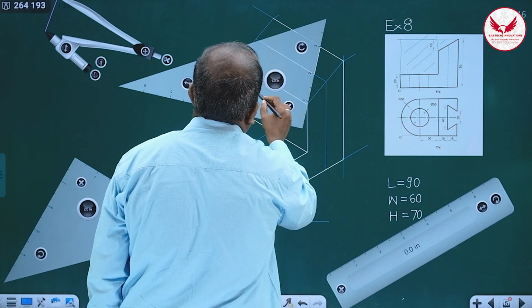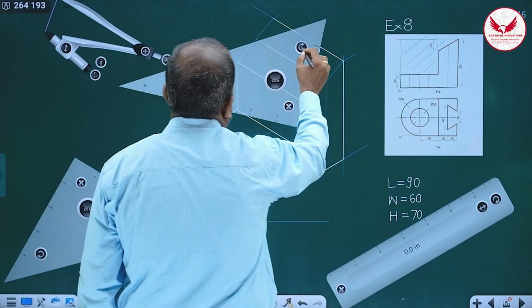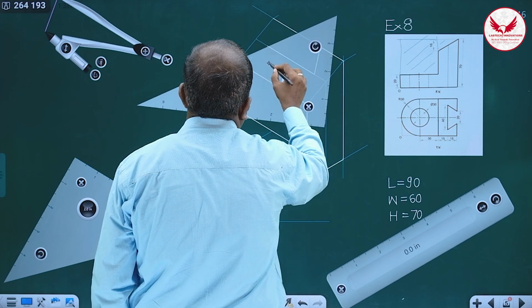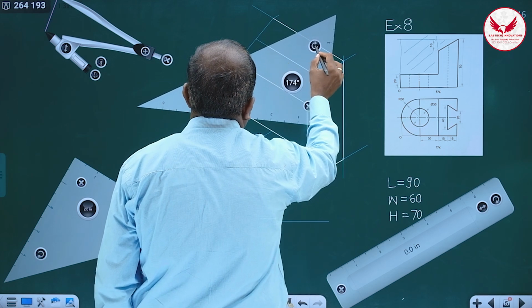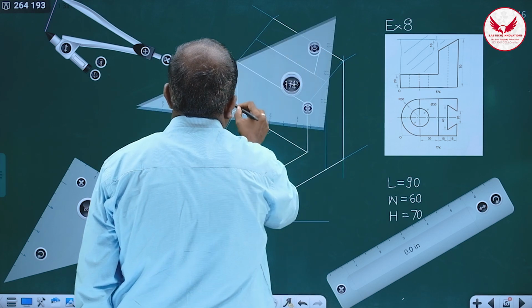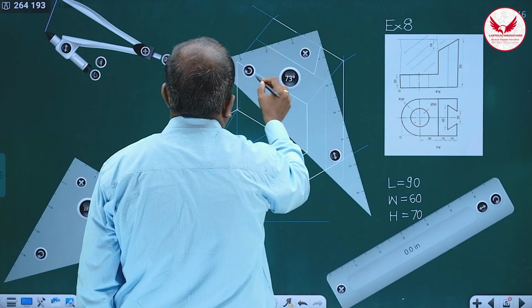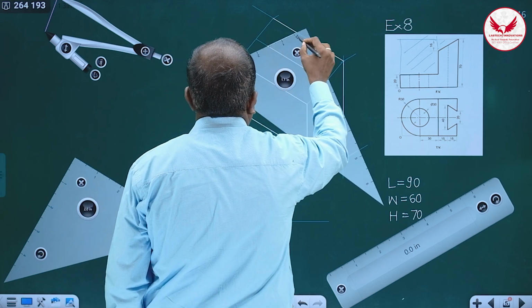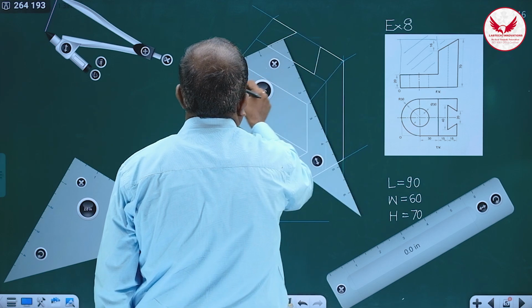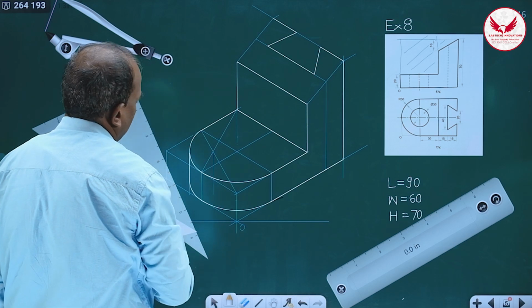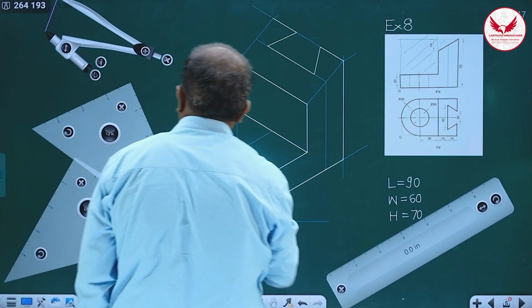So this end it will be like this, and again we have to join this end also, these 2 ends. This end. See, that is the slot on that non-isometric surface.